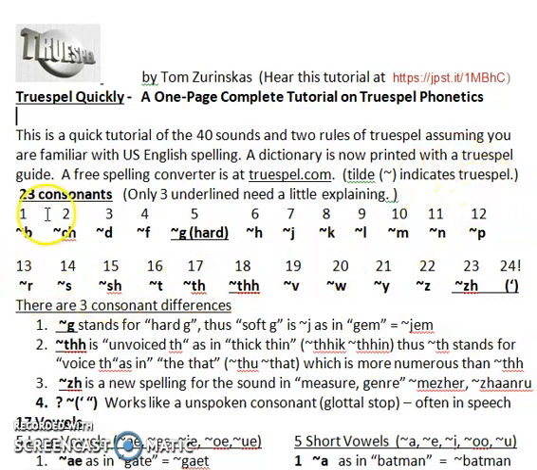Now there are 23 consonants in U.S. English, and there are 3 underlined that need explaining. You can see the B is obvious, the ch is ch.